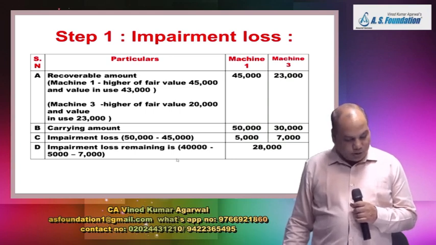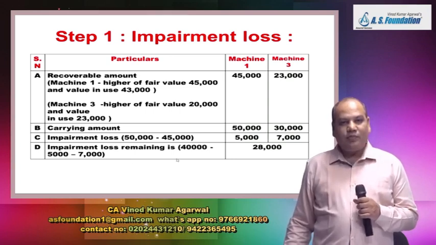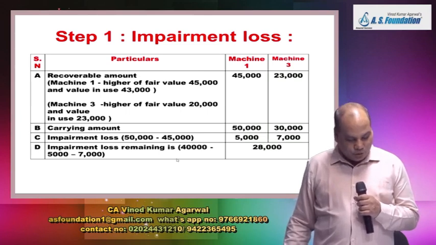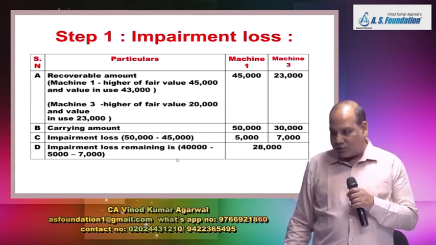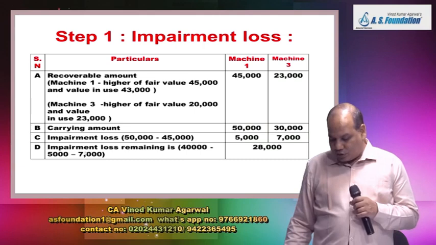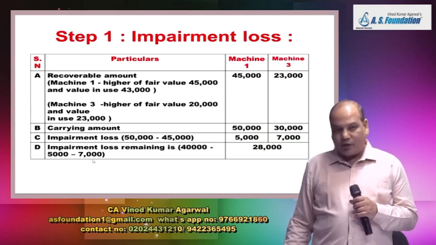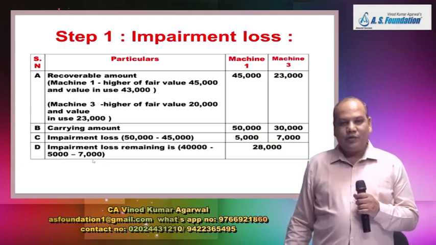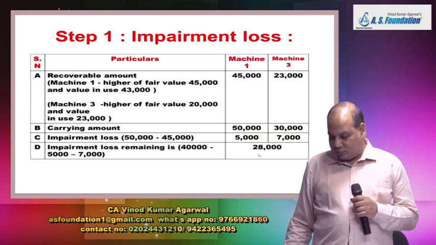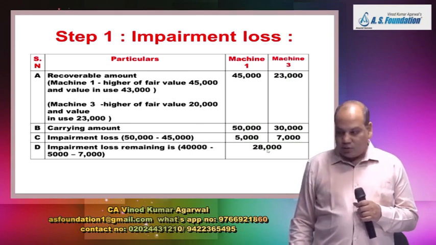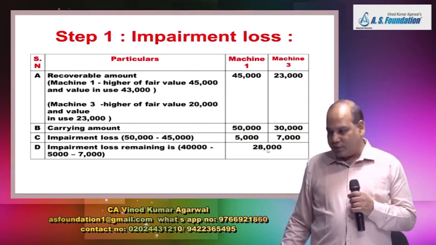The problem says that the CGU has suffered an impairment loss of rupees 40,000. So now write down impairment loss remaining is 40,000 minus 5,000 minus 7,000, that is 28,000. This 28,000 I will have to allocate over goodwill and the other assets.